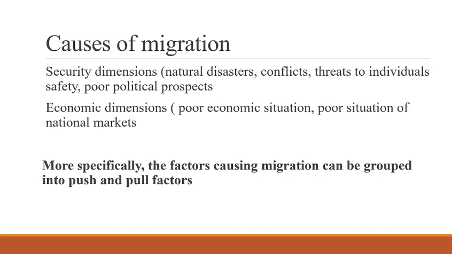Migration may be due to security dimensions like natural disasters, conflicts, threats to individual safety, poor political prospects, and economic dimensions such as poor economic situation in the country as well as poor situation of national markets. More specifically, the factors causing migration can be grouped into push and pull factors.